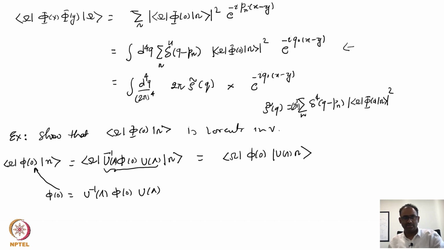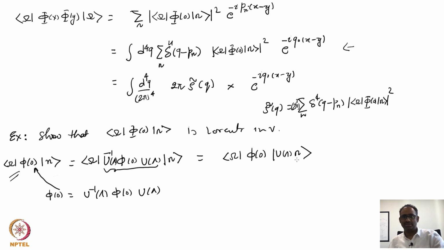So, it says that omega phi 0 ket n is the same as omega phi 0 u lambda ket n, okay, where u lambda ket n is a state that you get by doing a Lorentz transformation of state n. So, you see that whatever this complex number is, that is the same as this complex number.